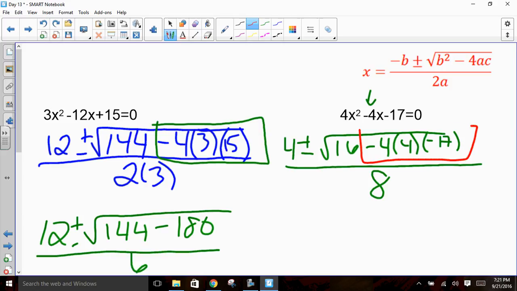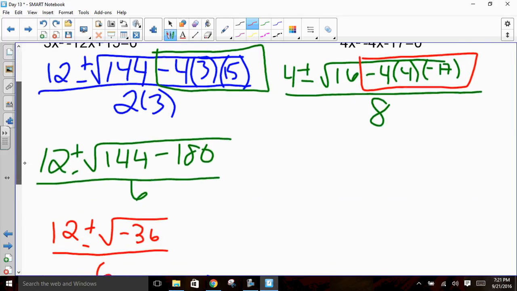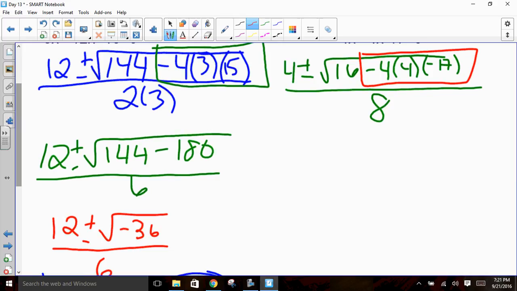In my handy dandy calculator, I'm going to take negative 4 times negative 17. So now I have 4 plus or minus the square root of, this is going to give me plus 272.